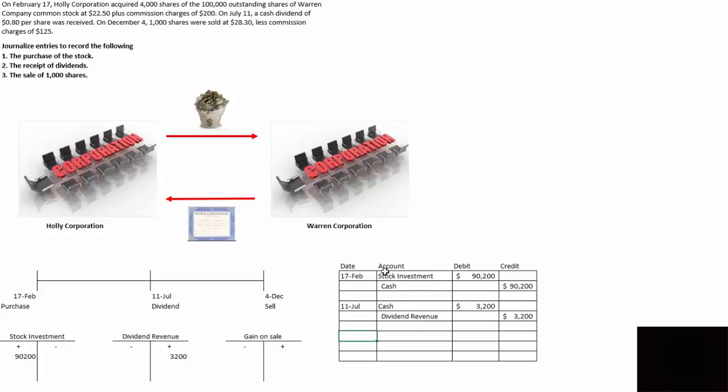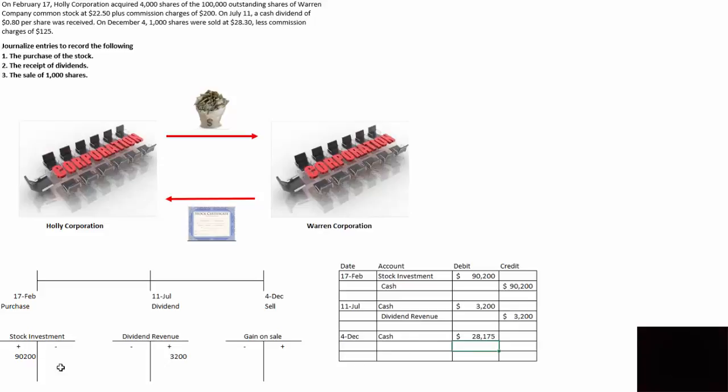So on December 4th, we receive cash in the amount of 1,000 shares times the $28.30. We get $28,300. However, we have to pay the $125. So we only receive $28,300 minus the $125, $28,175. An asset increases.